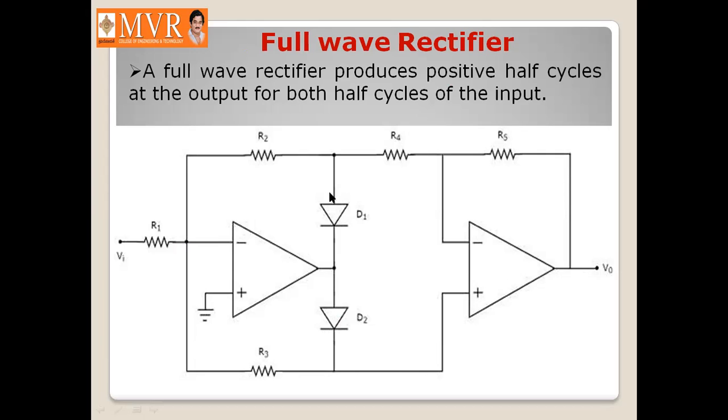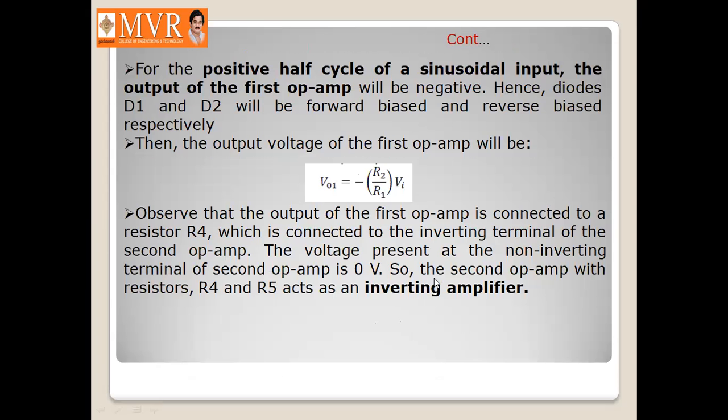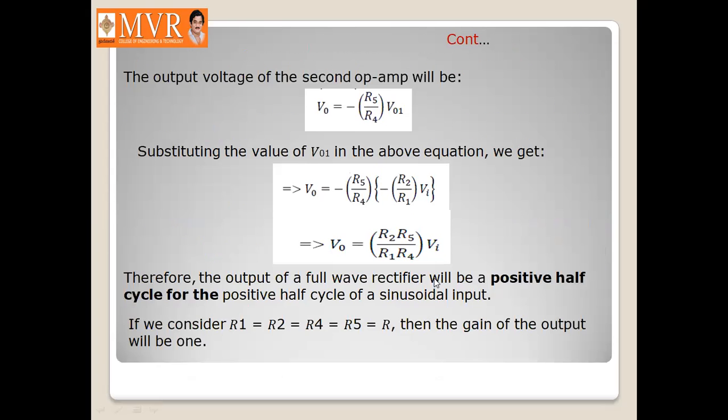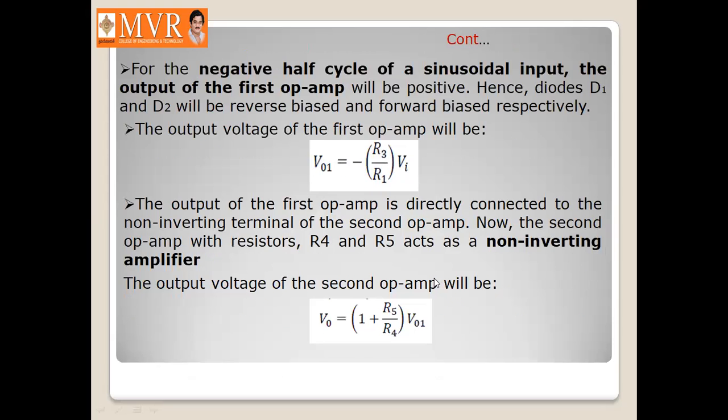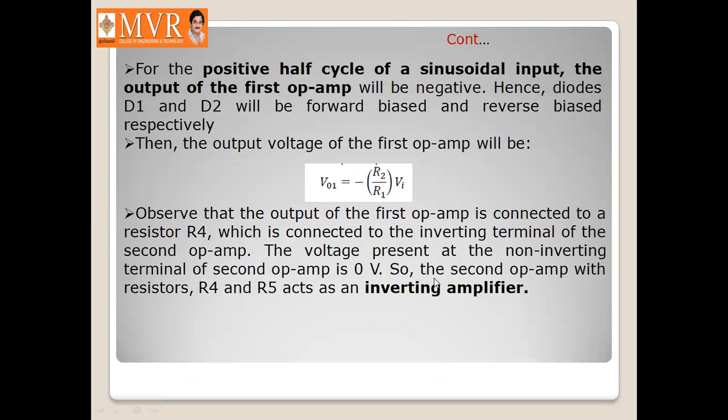When this diode is off, this terminal will be grounded, and this second operational amplifier works as a non-inverting amplifier. With this we are going to observe the output of this op amp, how it is produced.